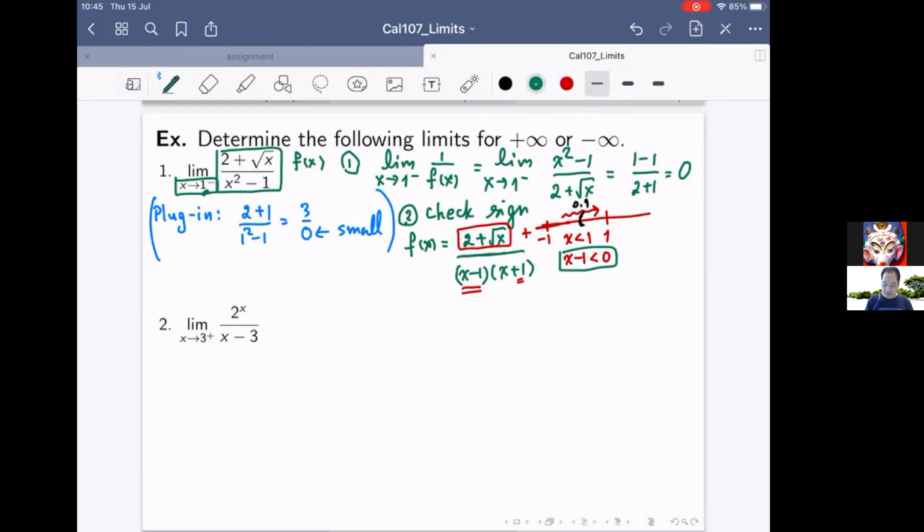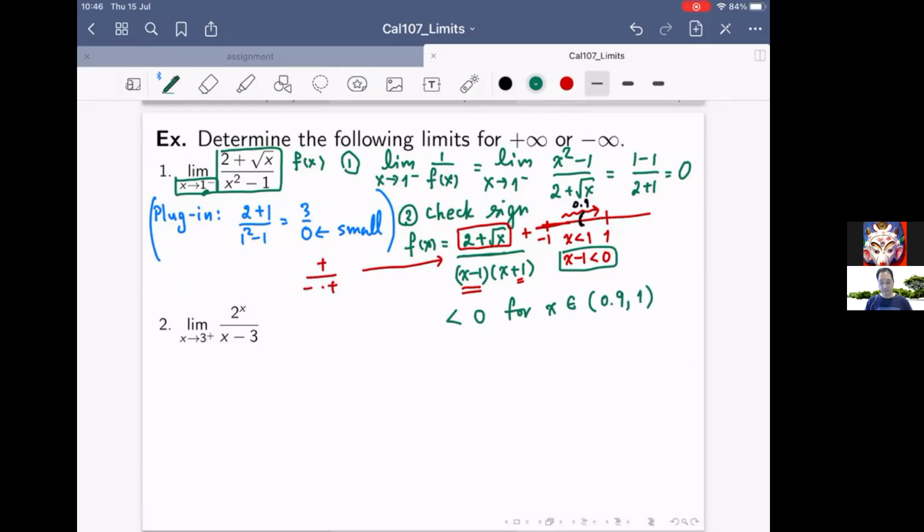So this means that your function will be positive, and let's do it this way first. As your x goes close to 1 on the left, it will be positive over negative multiplied by a positive. So the whole thing will be negative for x in this interval 0.9 to 1.